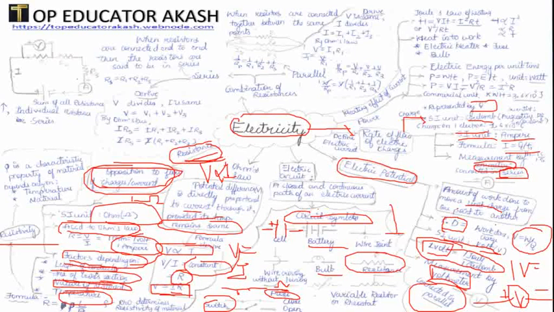Now, how is resistance proportional to the length, area and resistivity? Let R be the resistance, so R is equal to L by A into resistivity. This resistivity is nothing but rho. The resistivity symbol is called rho.